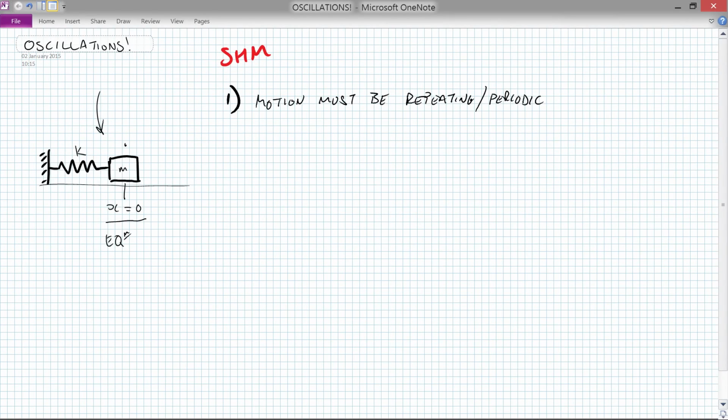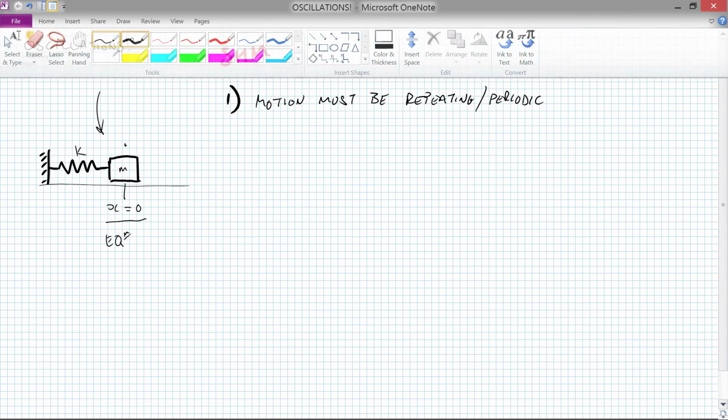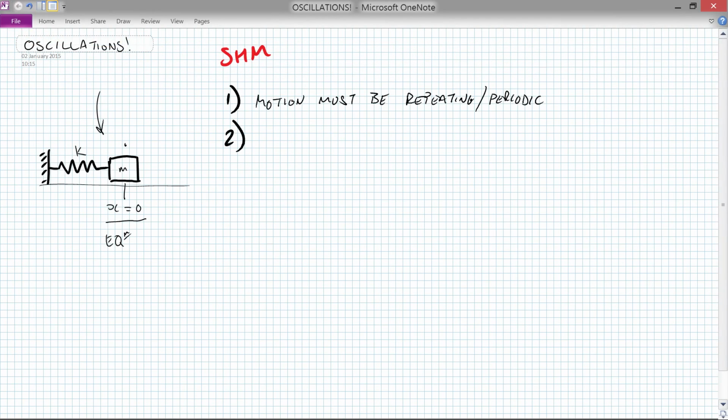If I came back in 100 years time, it would look identical. So it's just some repeated motion, which is independent of time, if you like. That's not a good way of putting it, but it doesn't matter when I'm looking at it, that motion looks the same. So if you like, it's just going round and round, or mathematically, as we'll see in a minute, it's going to be some sinusoidal, so sine or cos function.